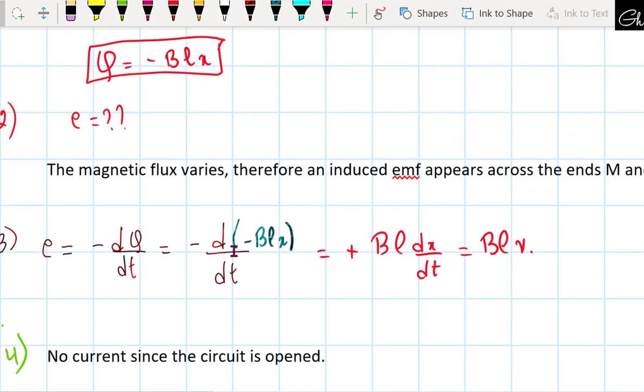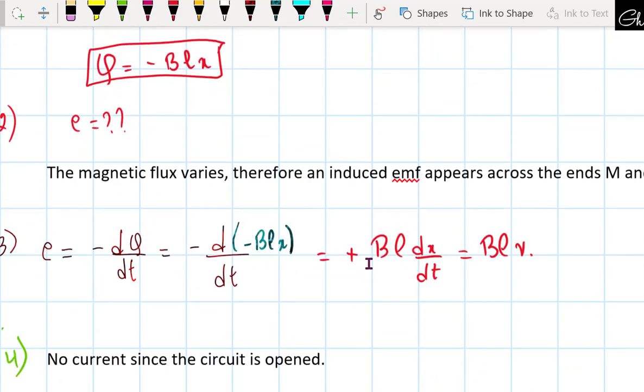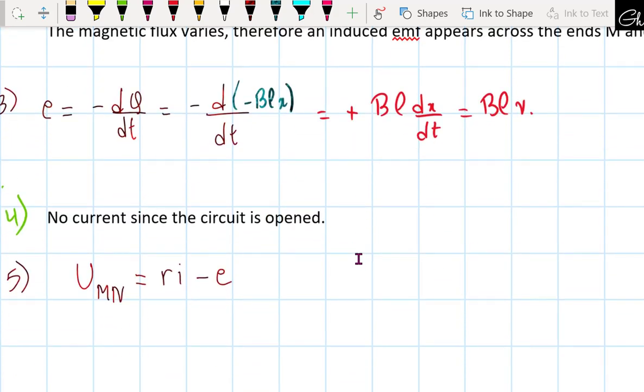We use the same direction from M to N along the positive sense provided beside this figure. Since no current will pass along this loop, I will be equal to 0, and we provided the reason, so we can just write it's going to be minus E.